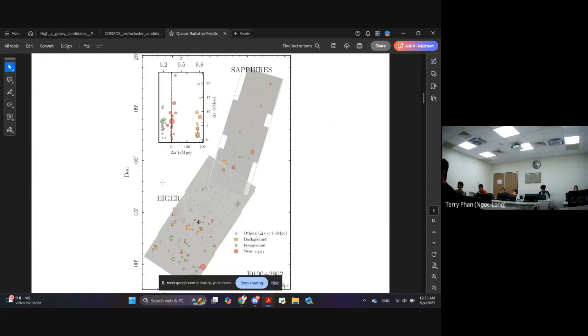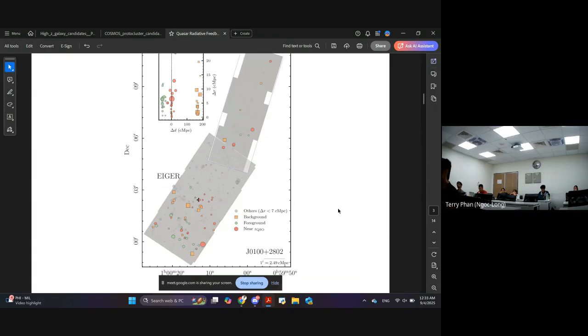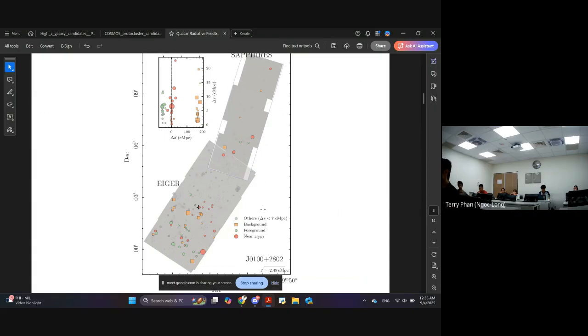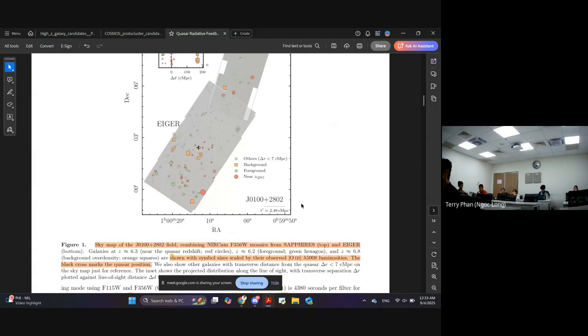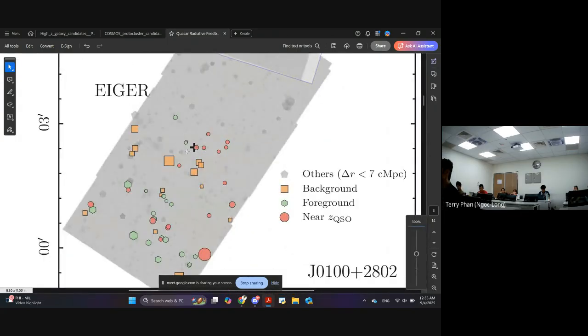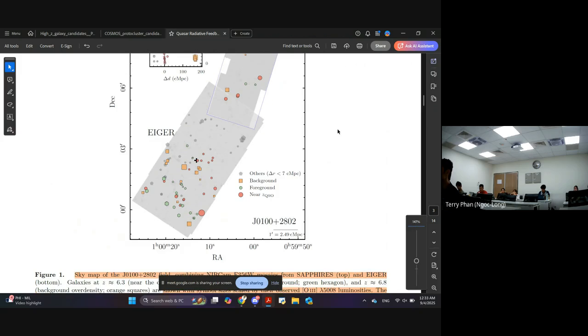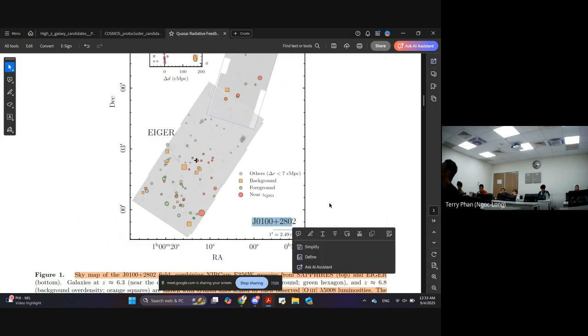The first figure is the raw data, if you will, the raw surveys. They use this Sapphire survey and this other Eiger survey, and they detected a bunch of different galaxies. This black cross right here is the location of our primary quasar.